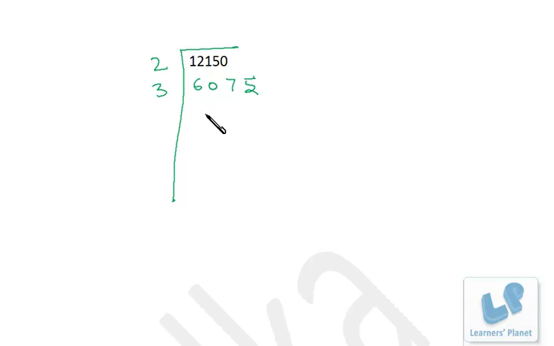Now divided by 3. 3 2s are 6, 3 5s are 15. Further, 3 6s are 18, 3 7s are 21. Then further, 3 2s are 6, 3 5s are 15. Further 3.